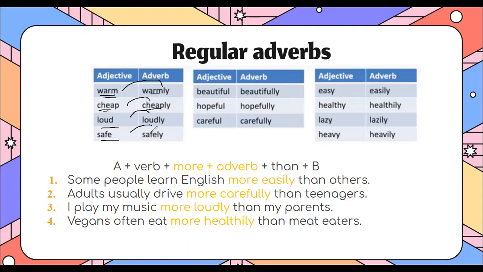So when we have short adjectives, we just add "ly," right? Then when we have adjectives with an ending of full, like careful, beautiful, and hopeful, we double the L and add Y: beautifully, carefully, hopefully.